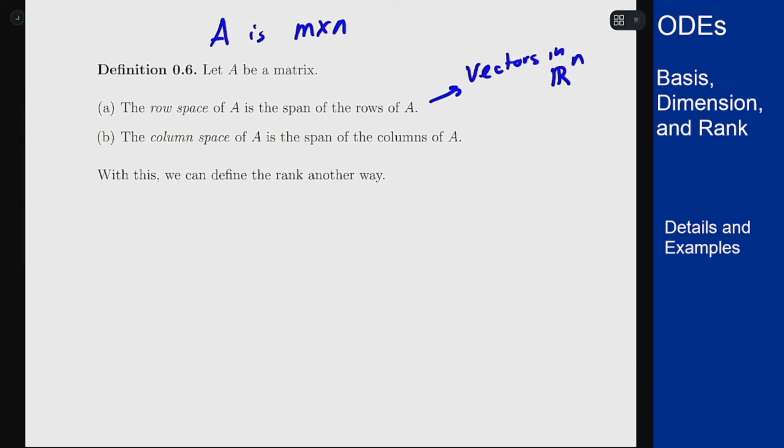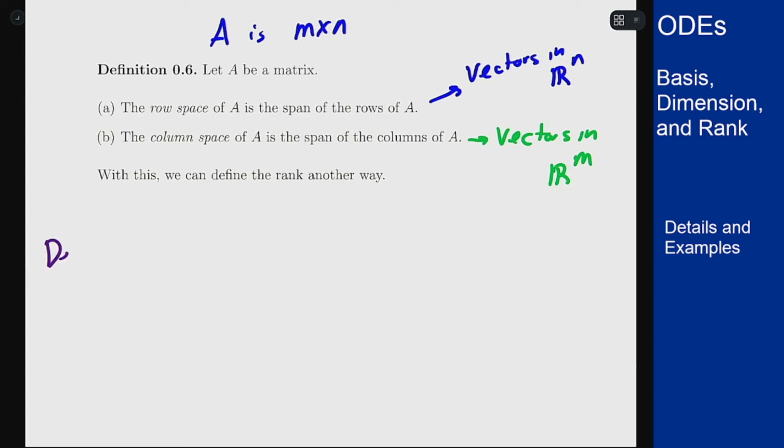We can talk about the column space in the same way. It's the span of the columns of A. So now you're taking the columns as vectors and taking their span to get the column space. Now, since this is an m by n matrix with m rows, these are all vectors in R^m. So with these ideas, we can define the rank in another way, which is going to allow us easier access to how to compute it.